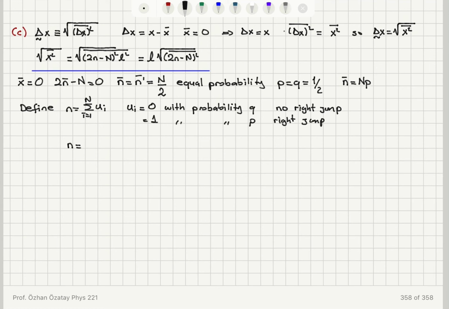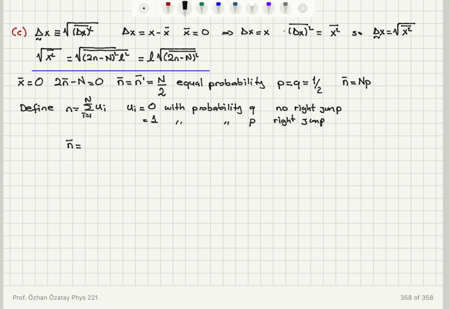For each step, I'm calculating the probability, basically counting over all possible values of Ui and multiplying it with their probabilities. I get the n bar value.